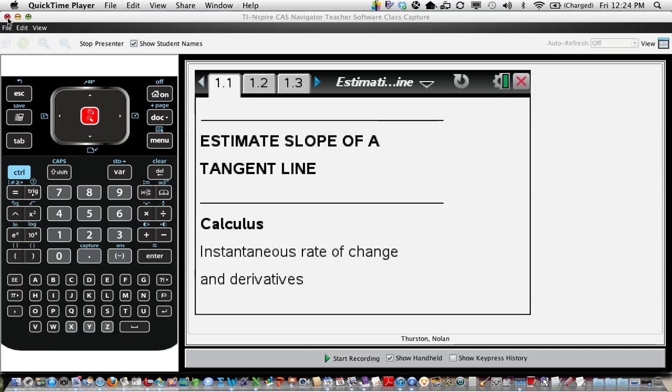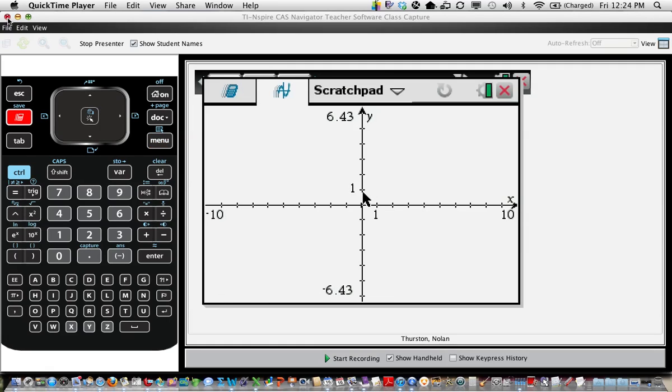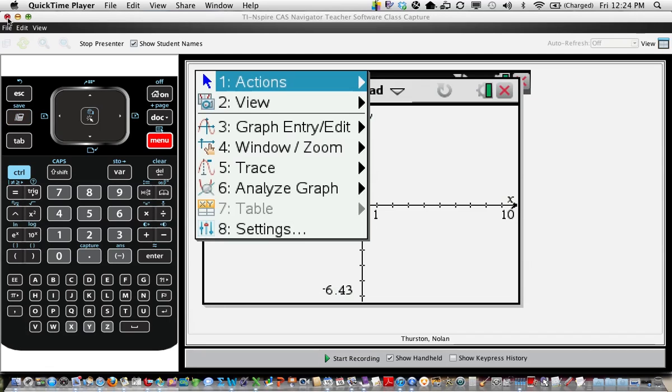For those of you that did get far enough to get to the back page, my directions about graphing a parametric equation are a little bit off when it says press menu. Matter of fact, go ahead and press menu there, Nolan. Oh wait, we're in the wrong place. Hit your scratch pad, and then hit menu. In my directions, it says go under graph type.